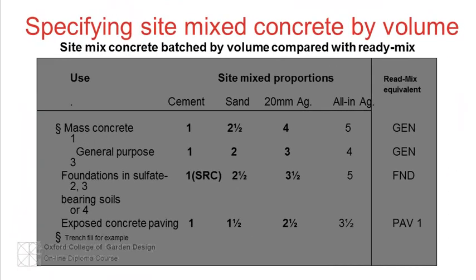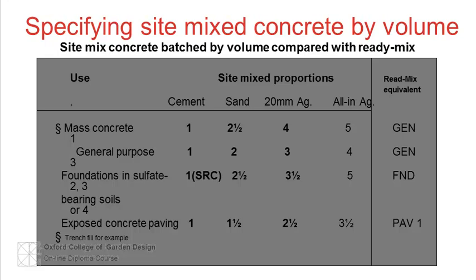Site mixed concrete on a domestic scale will inevitably be specified by volume using the nominal proportions in the traditional way. The required minimum quality is achieved by overspecifying the proportion of cement in each mix.